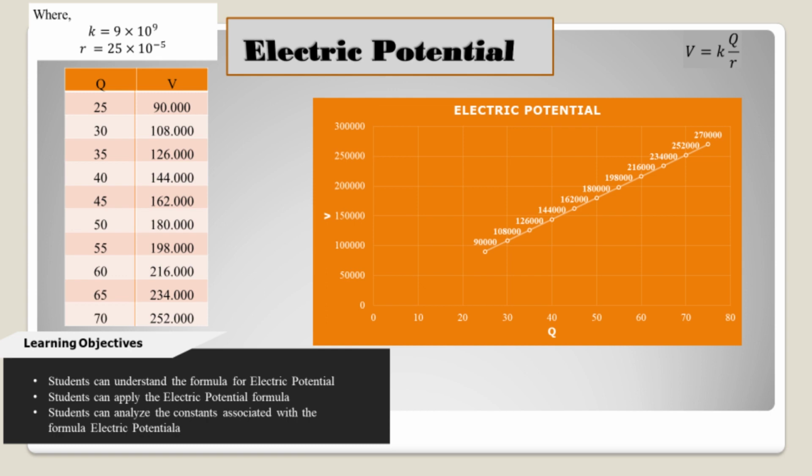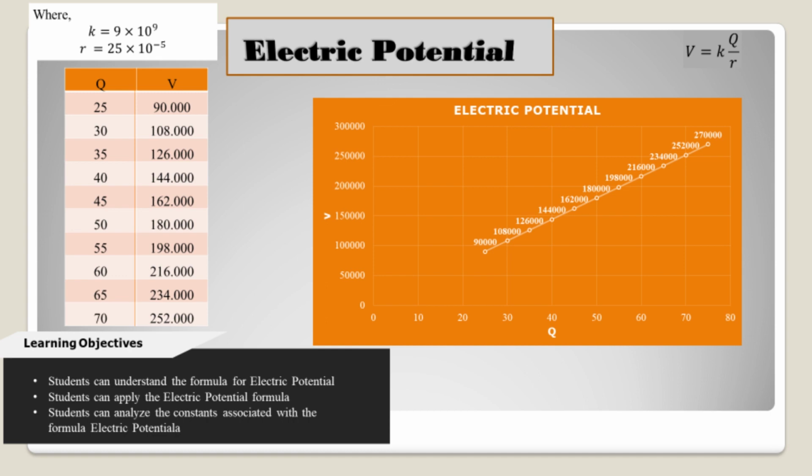And if we have Q equal to 30, we have the electric potential 108,000. If Q is equal to 35, the electric potential is 126,000.